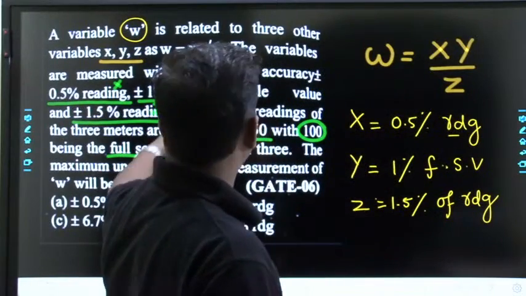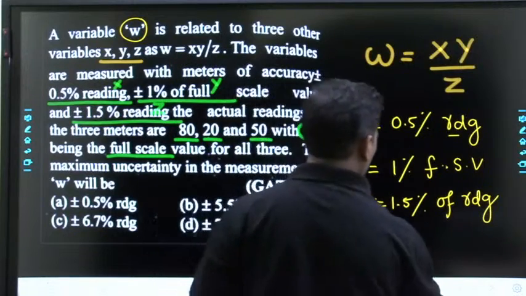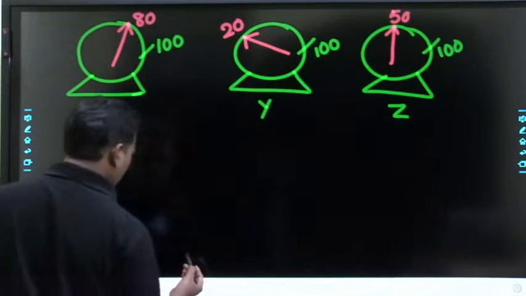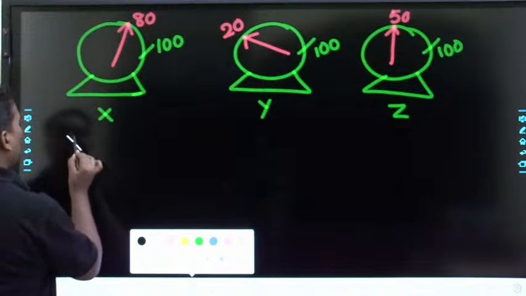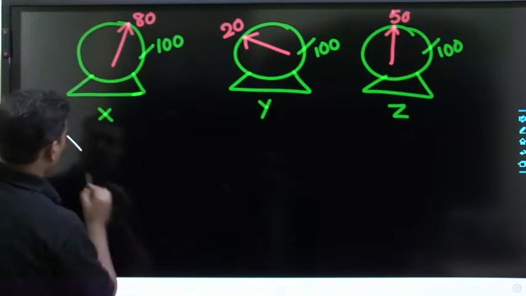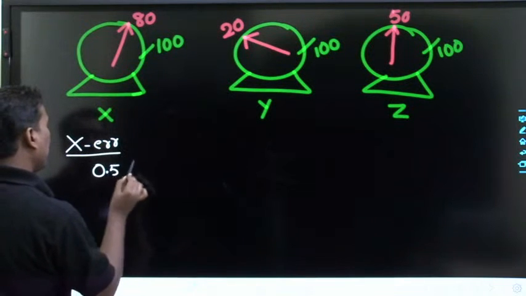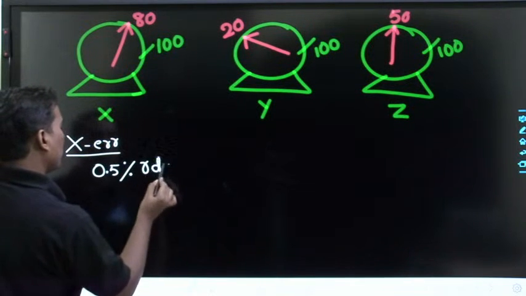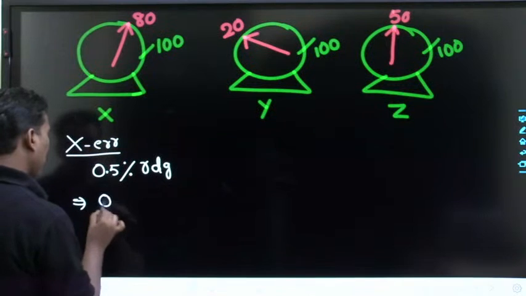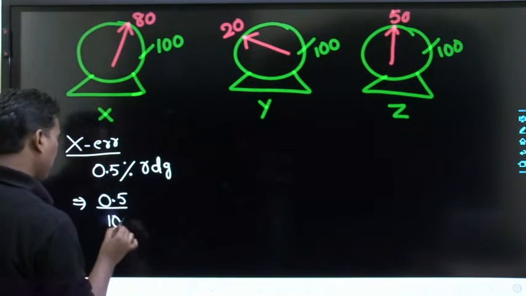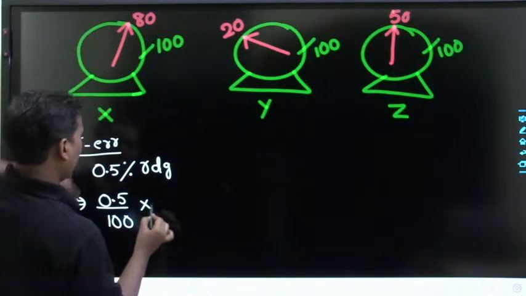So what is there for X? 0.5% of reading. What is the error for X? 0.5% of reading. That means how much? 0.5 by 100 into reading. What is the reading? 80.